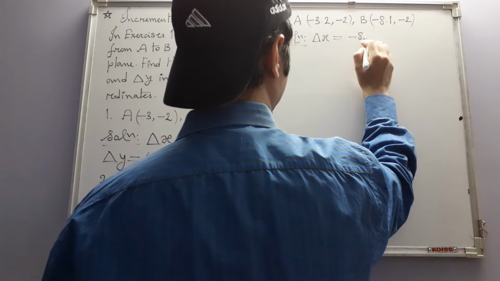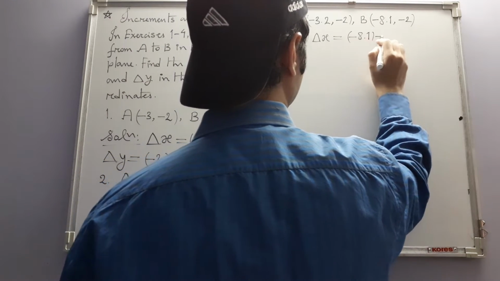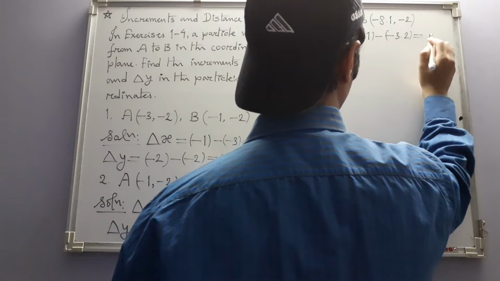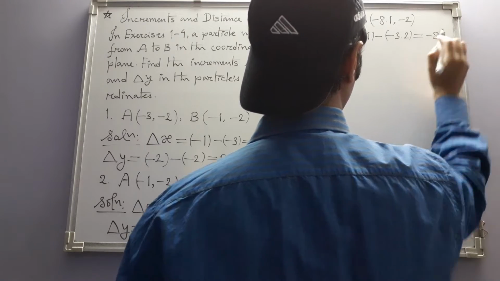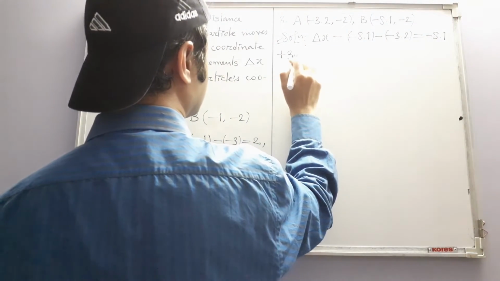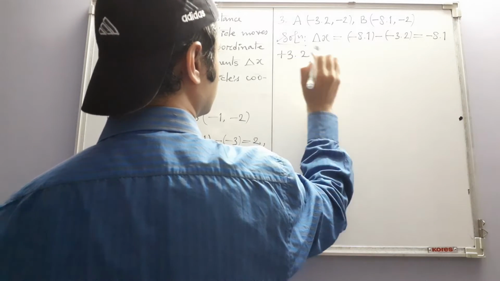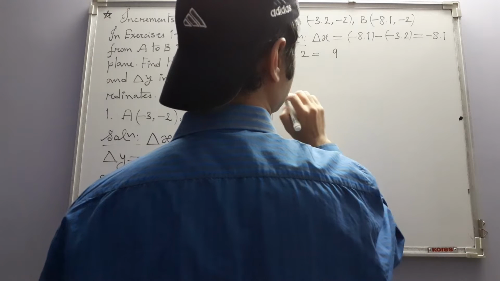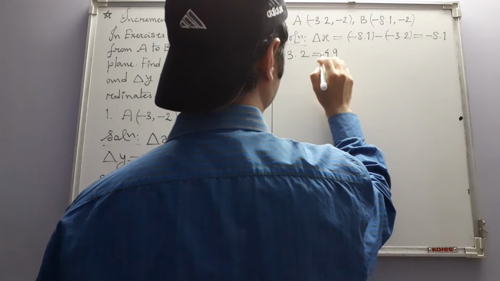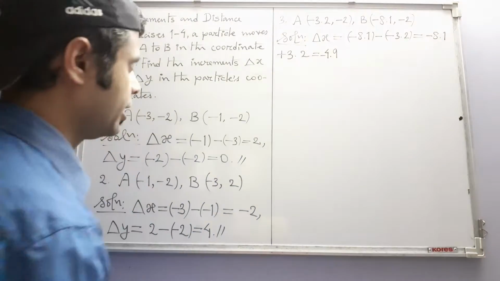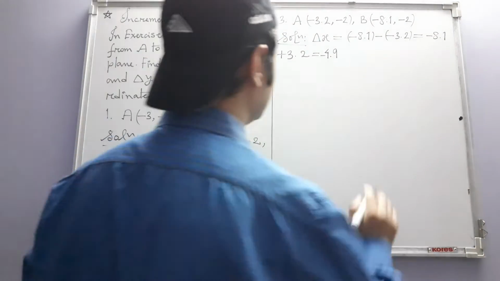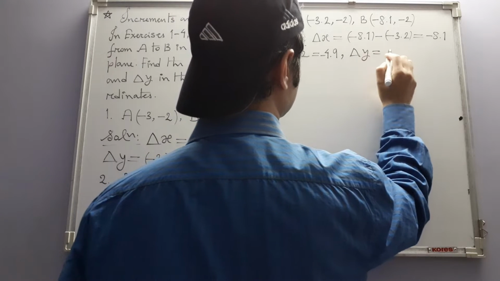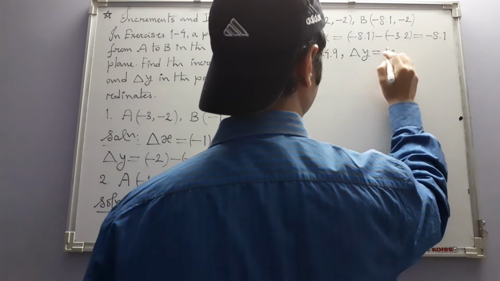Delta x is -8.1 minus -3.2, which is -4.9. Yes, and delta y in this case is again 0, like the first one.